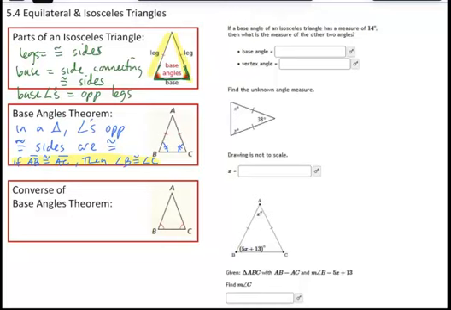And then there's a converse of this. Again, if you go back to early chapters, the converse just switches the hypothesis and conclusion. What this is saying is that if you're dealing with a triangle, if you have sides that are equal, then the angles opposite those sides are going to be congruent.